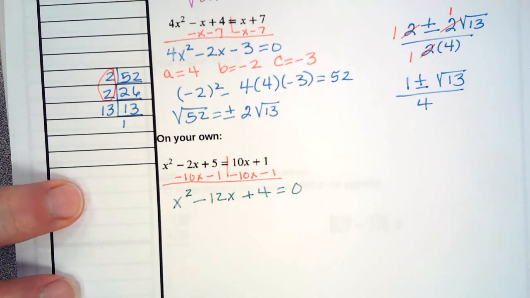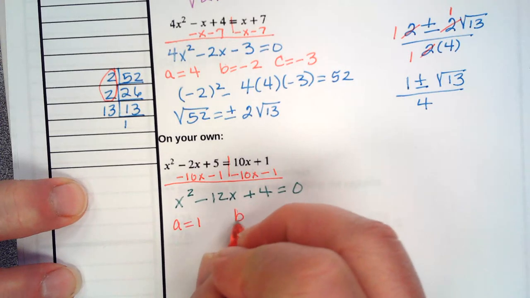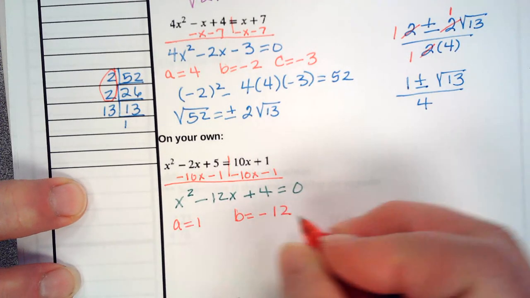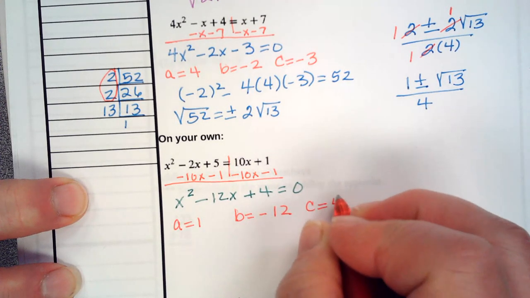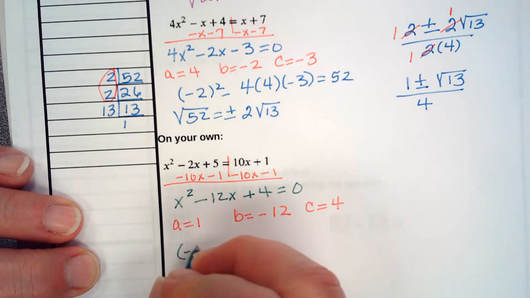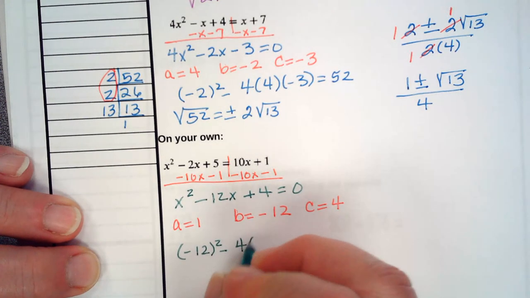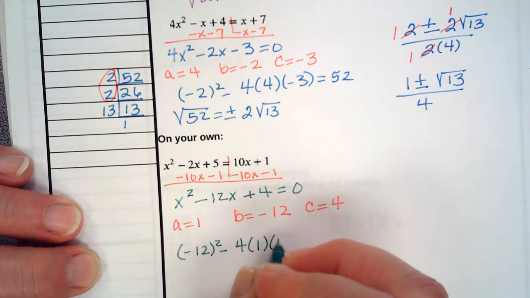Identify a, b, and c. A is equal to 1. B is equal to negative 12. C is equal to 4. Find your discriminant. Negative 12 squared minus 4 times 1 times 4.